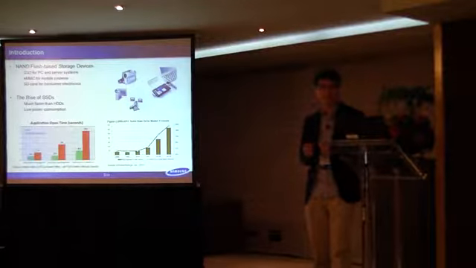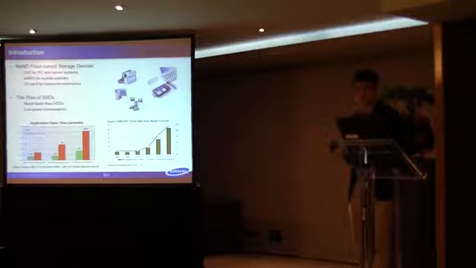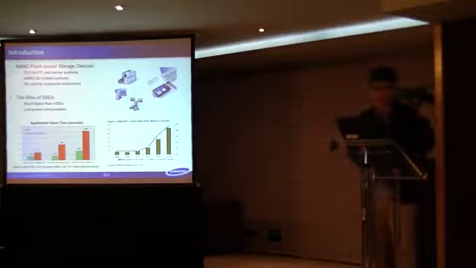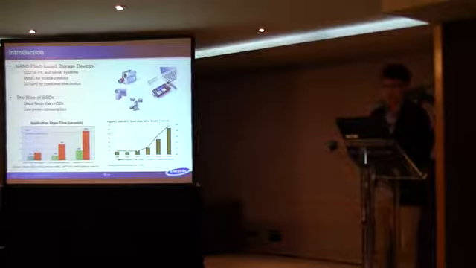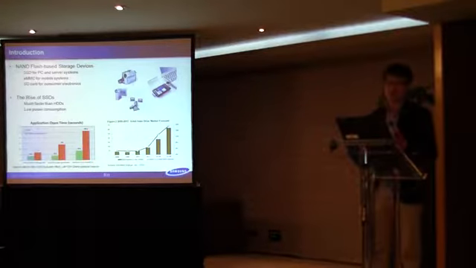The eMMC typically has 64 gigabytes, so that's very promising for the storage devices in a smartphone. Mainly this file system is about mobile flash storages, so we will focus on that here.